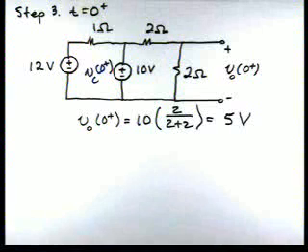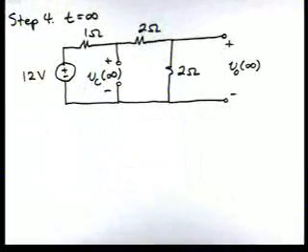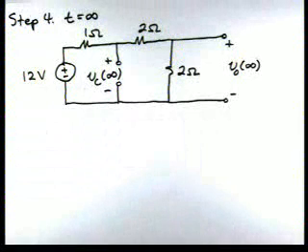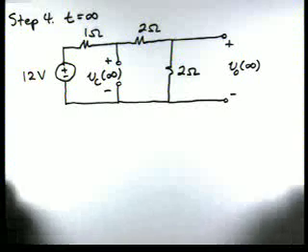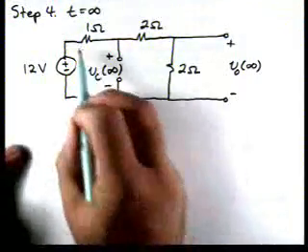Now our next step in our strategy is to draw the circuit at t equal infinity. Now we're going to assume the circuit's back in steady state. So we replace the capacitor with an open circuit. And there's our circuit. And again, we've really got a single loop circuit.